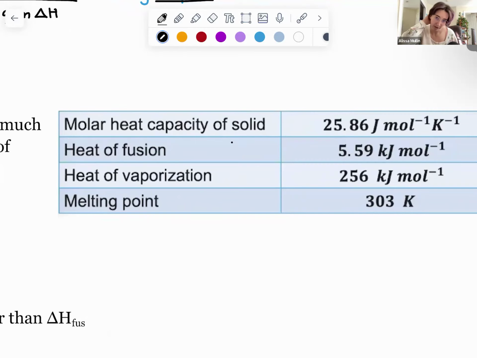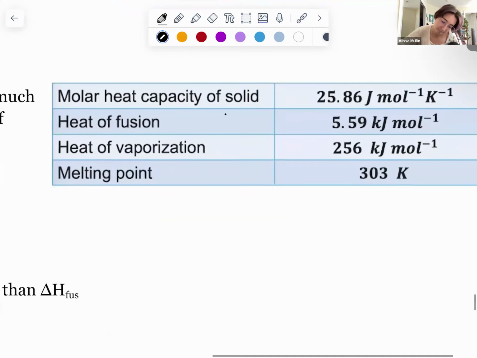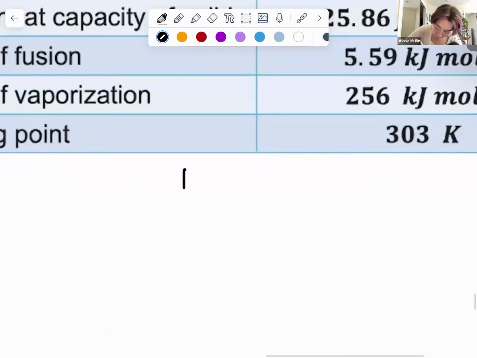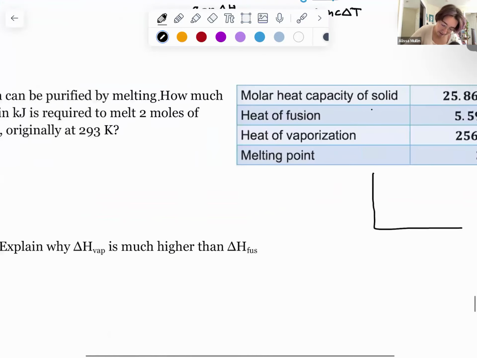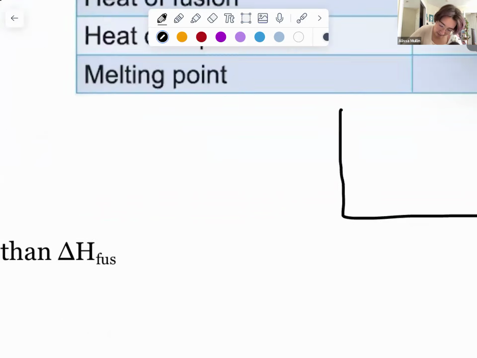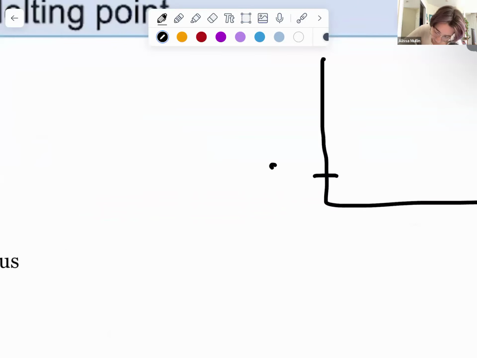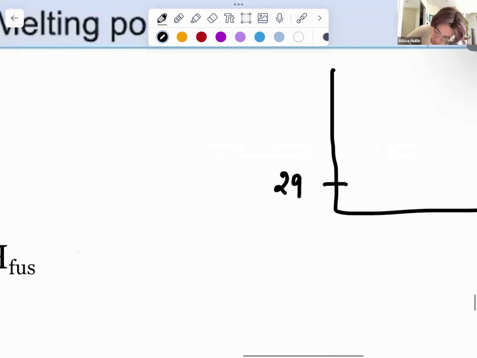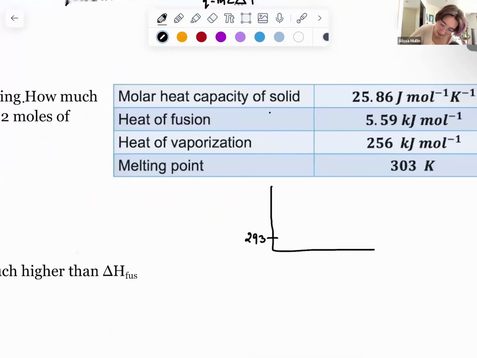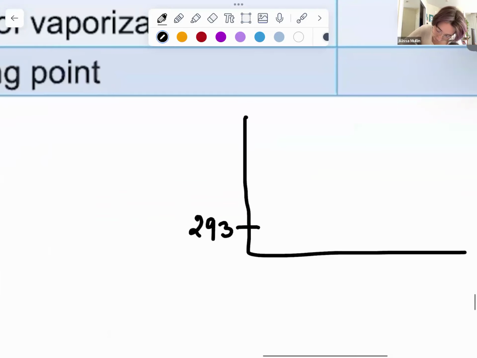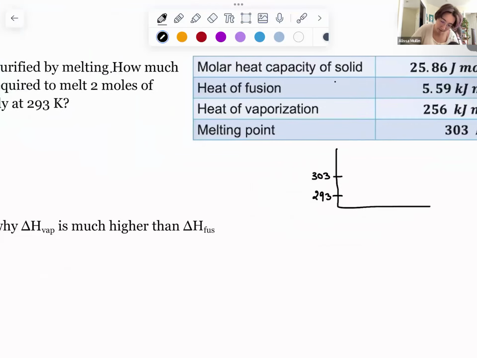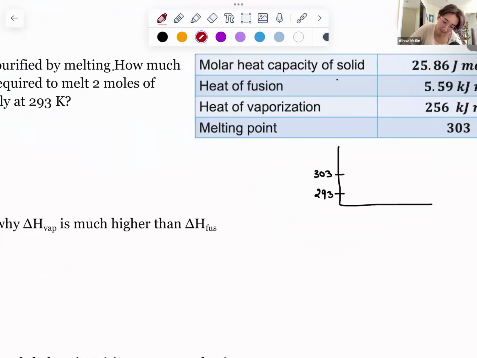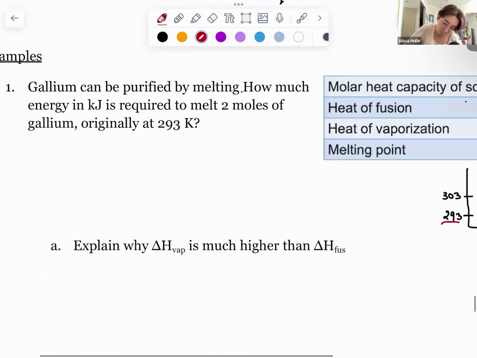Something to orient yourself with: I like this graph, I think it's very helpful. I'm saying I have a sample that is at 293 Kelvin, and I'm told that my melting point is 303 Kelvin. So I have a sample that's here and I want to melt it.